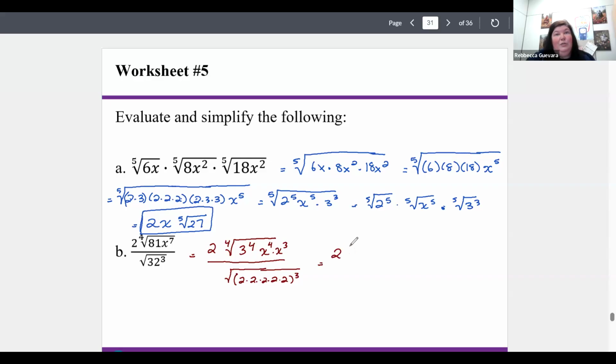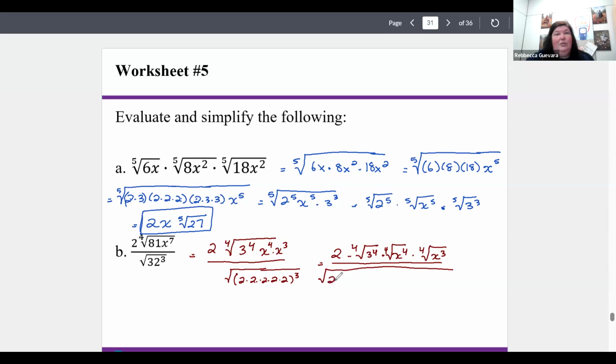So here we got that 2, the 4th root of 3 to the 4th, the 4th root of x to the 4th, and the 4th root of x cubed. Then on the bottom, remember, this is going to multiply 3 times.